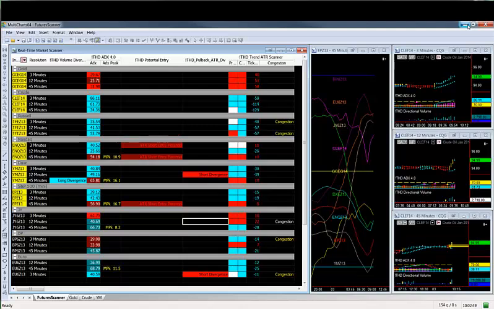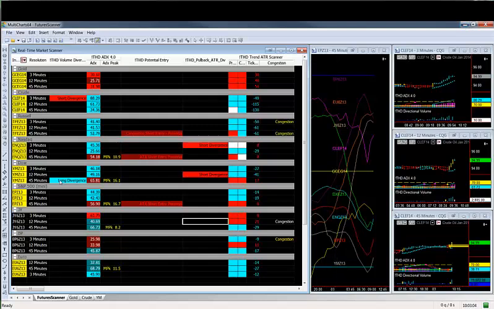So what it does is highlight everything that has potential volume divergence so that I know what to look at, okay? So, for example, right now on the Dow, you're getting a long divergence on the 45-minute chart, okay? This is long divergence telling me that it's probably going to pull back to the ATR and the 45.